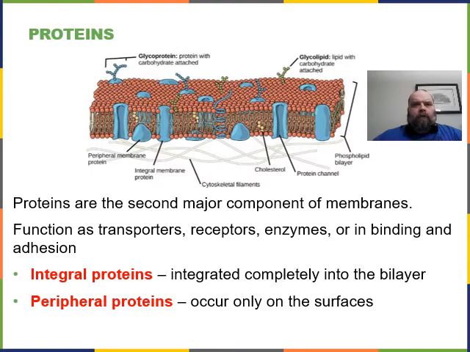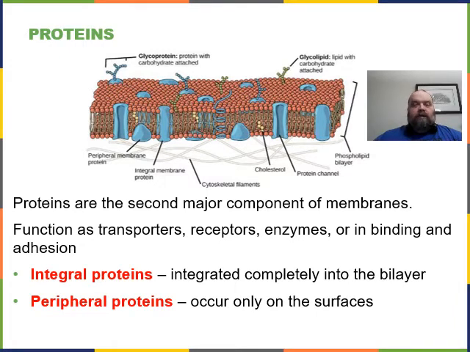Okay, for this part of the chapter, let us examine what actually is going on with the proteins that are embedded in the membrane. Now, the membrane itself is basically just a barrier. It doesn't do any work. Okay?